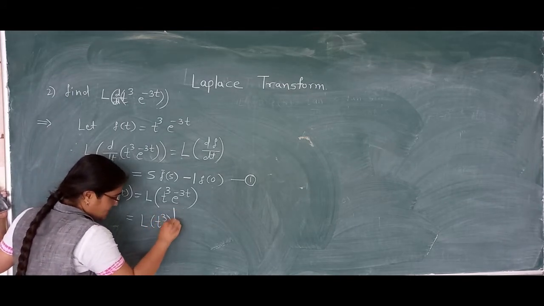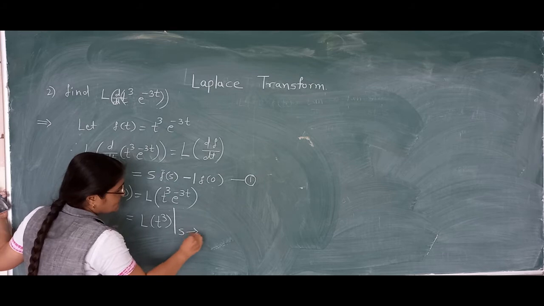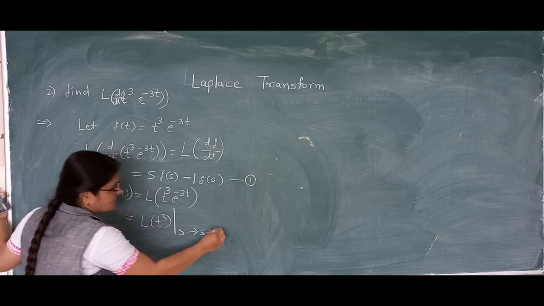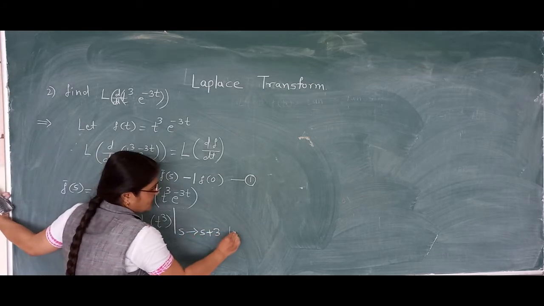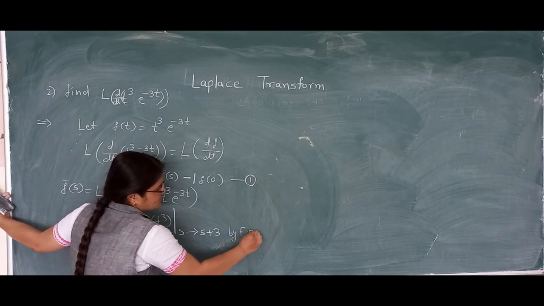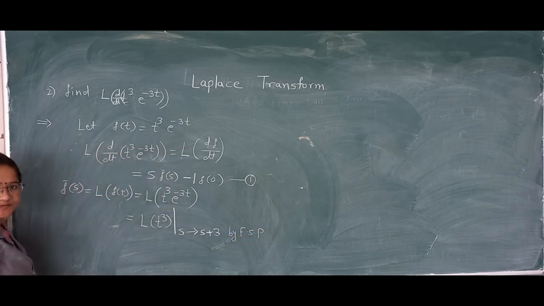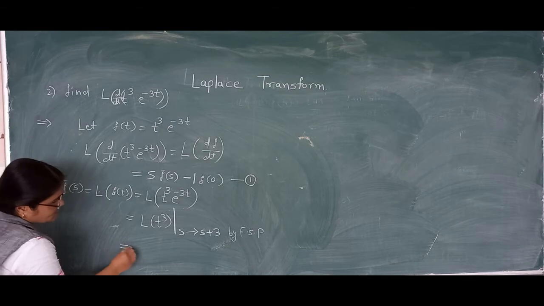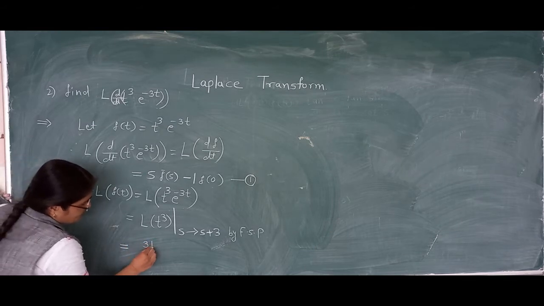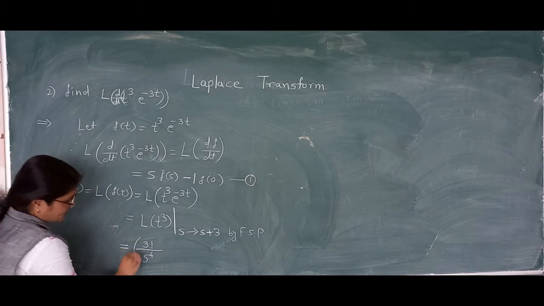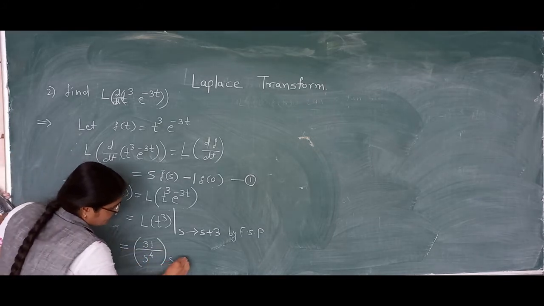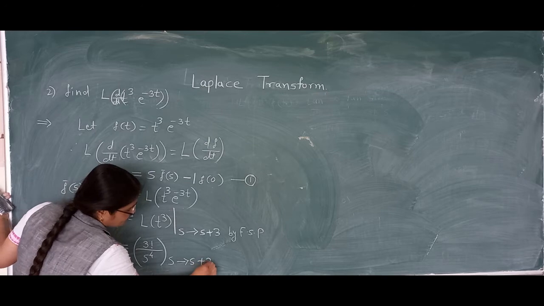I have already given you that s will be shifted by s plus 3 by the first shifting property. So it is equal to 3 factorial upon s raised to 4, where s will be shifted by s plus 3.